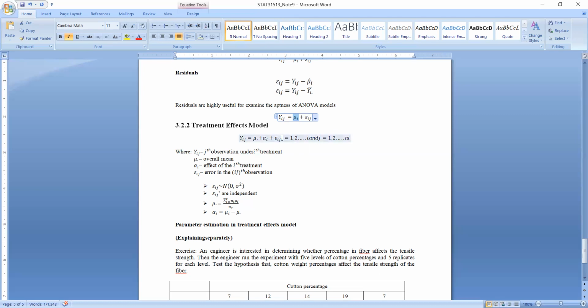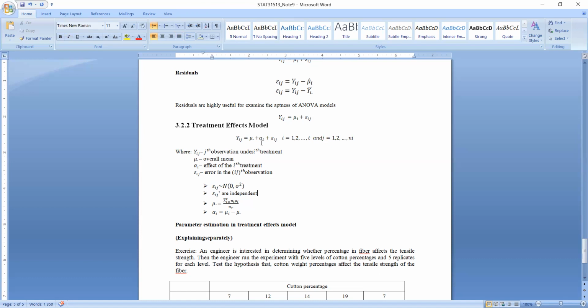It can go from 1 to t, and j is the index that we use to denote the observation. It can go from 1 to ni. So when you are using the treatment effects model, the assumptions are again the same, because in the treatment effects model also the errors are normally distributed with zero mean and constant variance, and then the errors are independent.